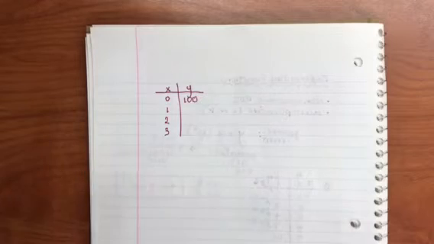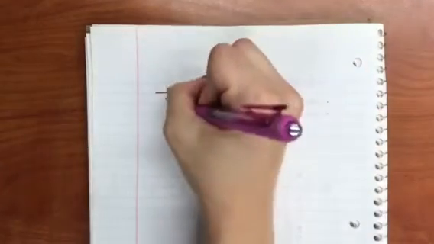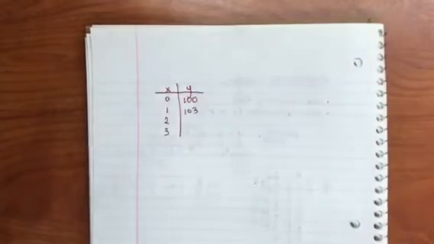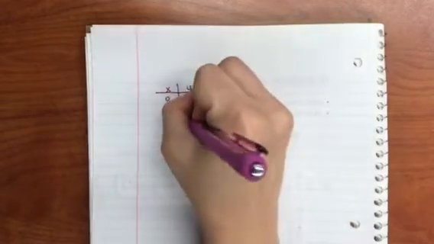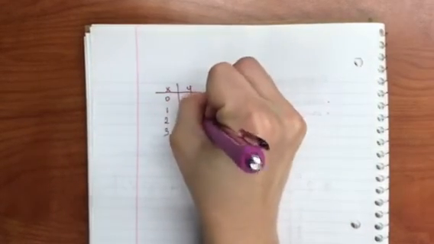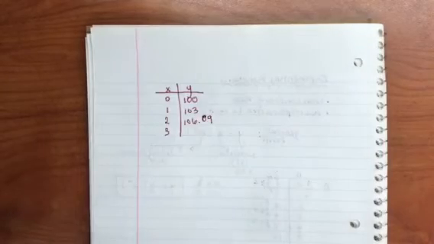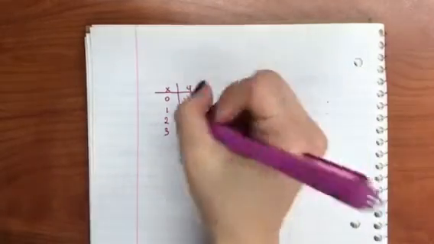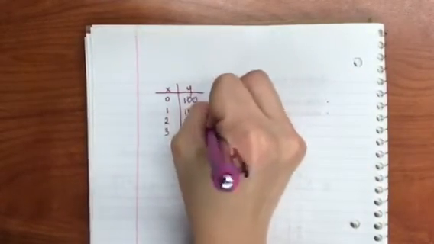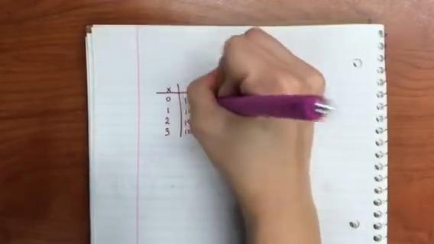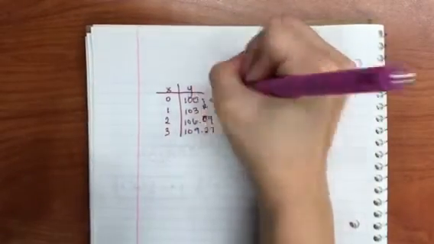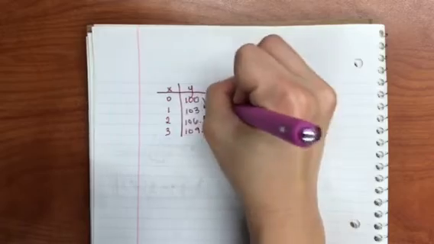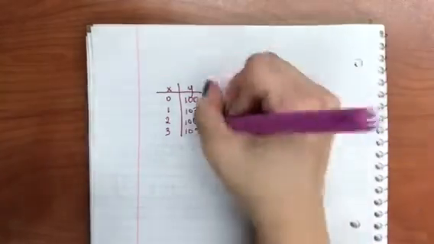So my table would look something like this. This would be 103, 106.09, and then 109.27. So what we know is happening every time is times 1.03, because that is a 3% increase, okay?